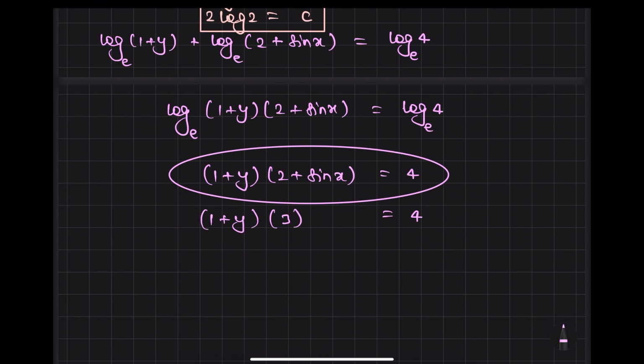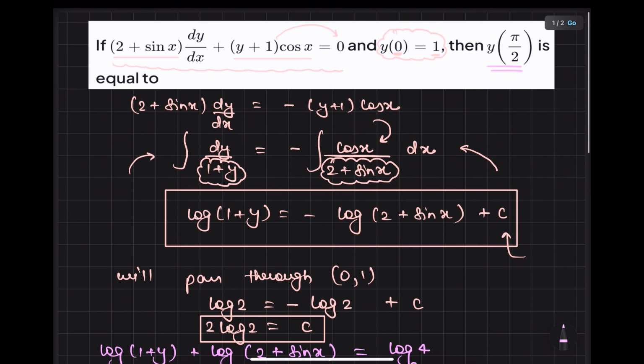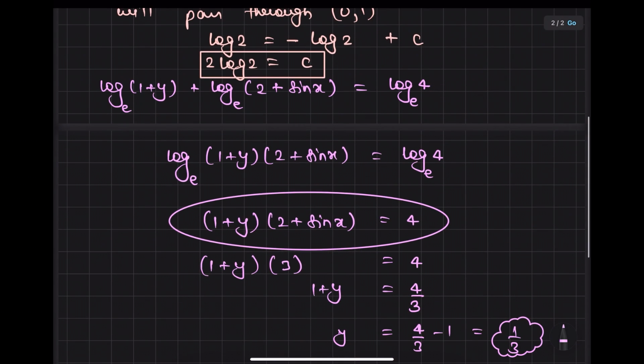So it is 4. So can I write 1 + y = 4/3? So 1 that side, 4/3 minus 1 will become 1/3. Therefore, the value of y at pi by 2 is 1/3.